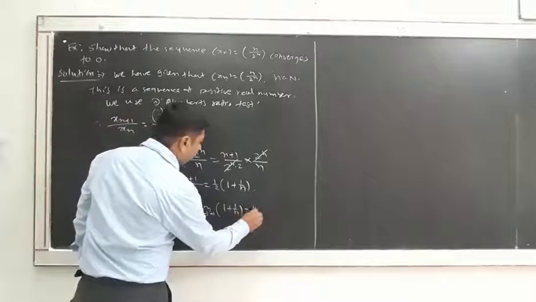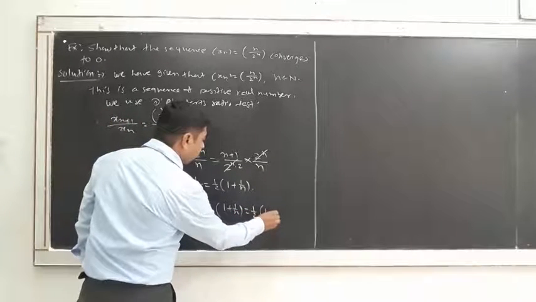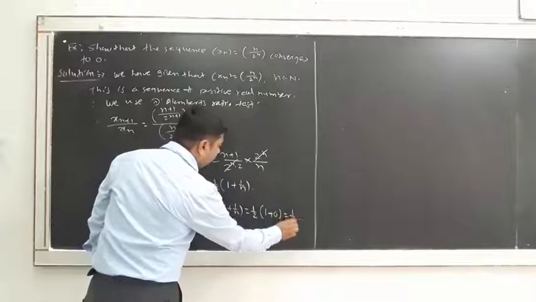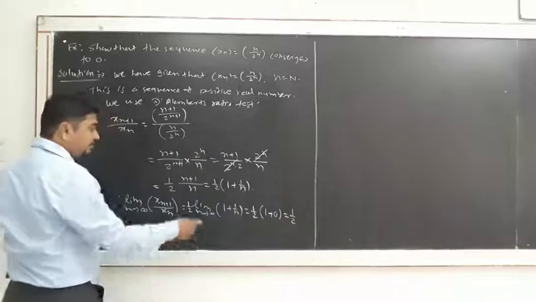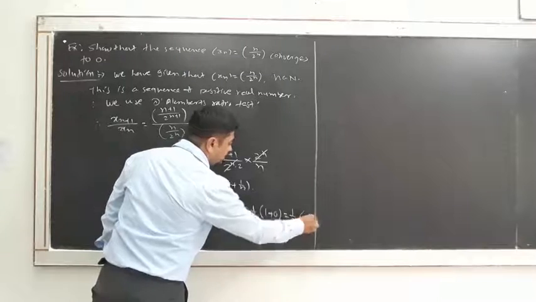So this is equal to 1 upon 2 into 1 plus 0, and it is equal to half. And this is our L, and this is less than 1.